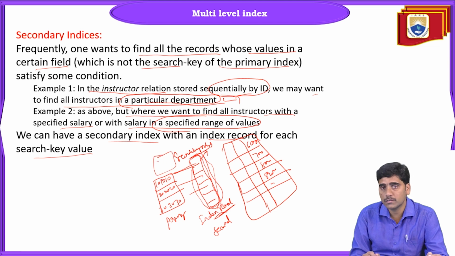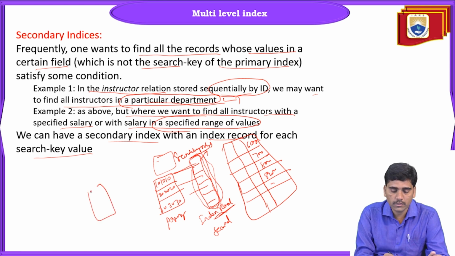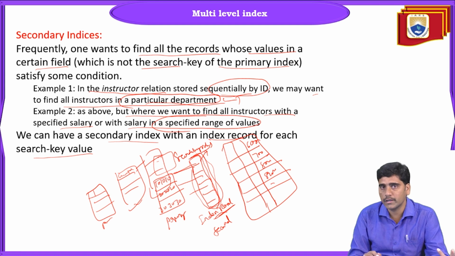On that search key, department, we need to mention how many instructors are working in that department. So we take instructor IDs as the primary one, and instructor course names and instructor names as secondary ones, and then the data block.